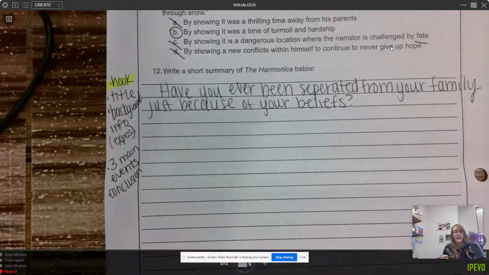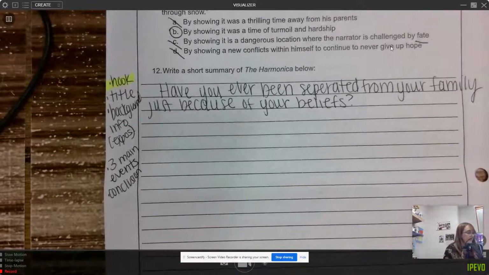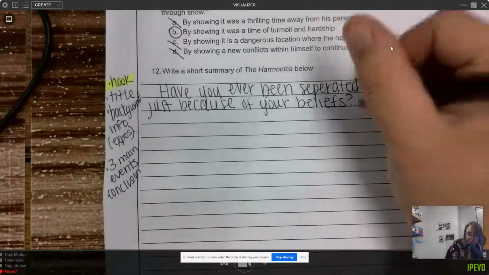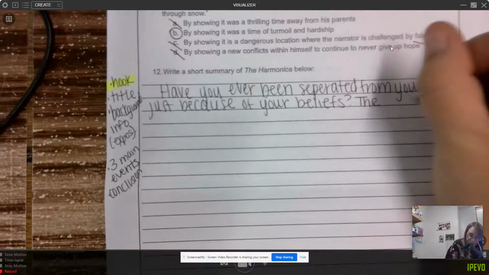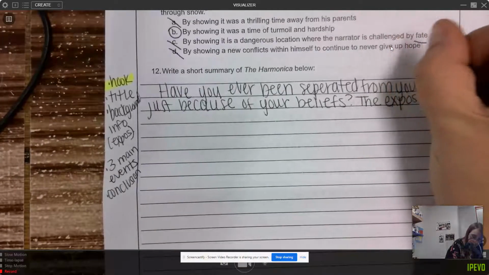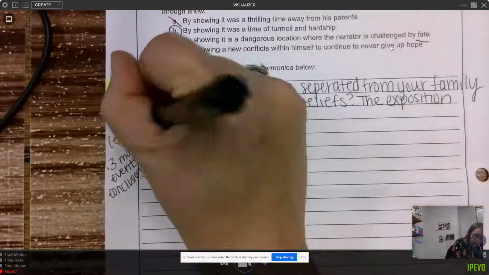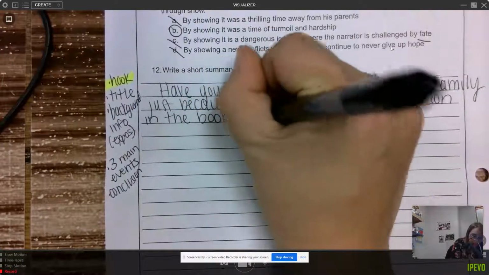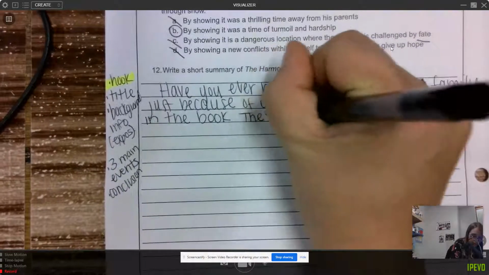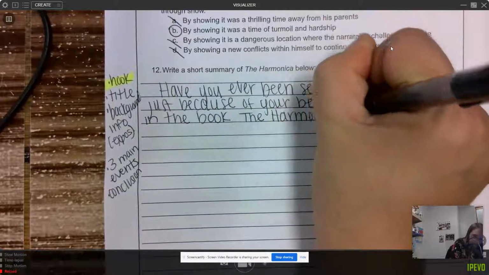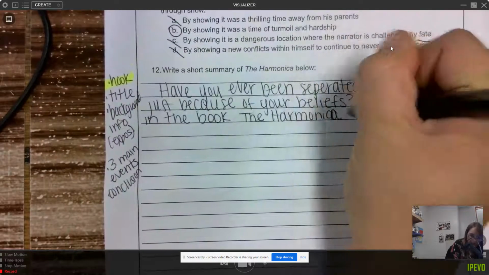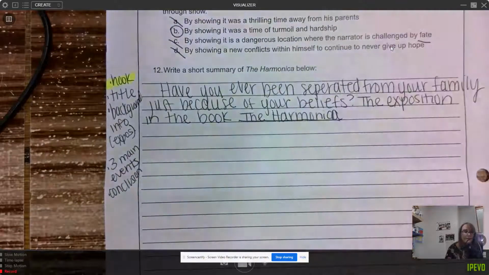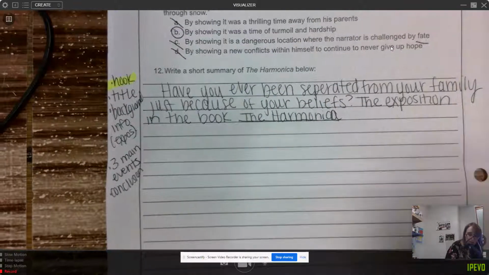So now I want to do the title and background information. So I could say something like the exposition in the book, because I want to use those terms. In the book, the harmonica. And I'm going to underline it because it's a book title. Okay.